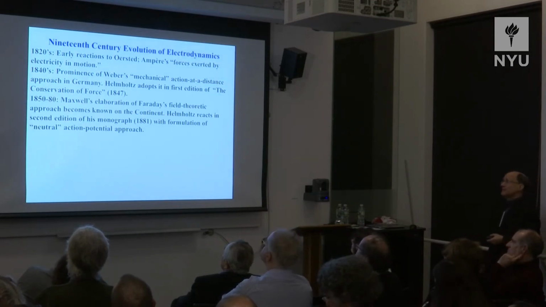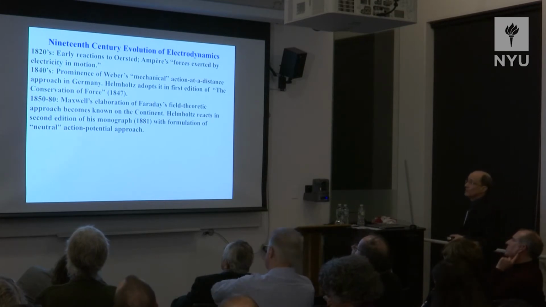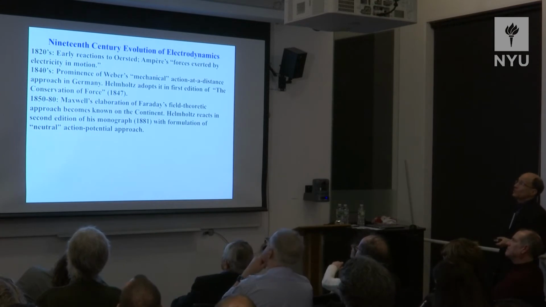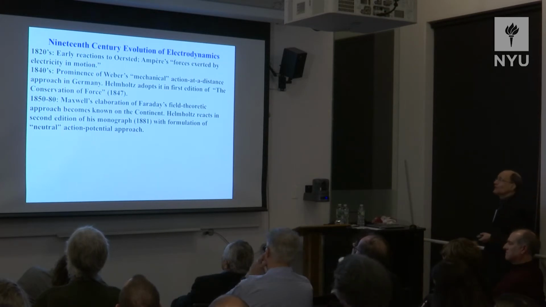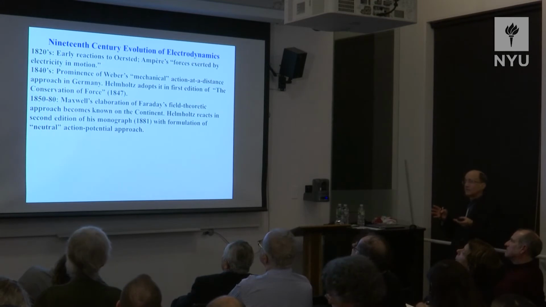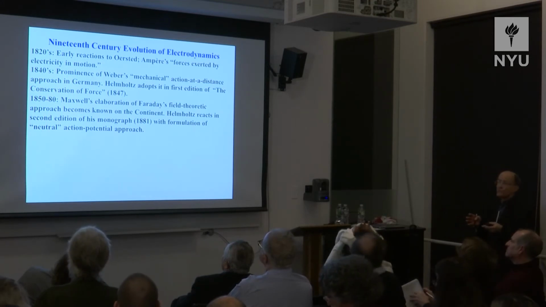Between 1850 and 1880, Maxwell's elaboration of Faraday's field theoretic approach was developed, and it also began to become known on the continent. Helmholtz reacts in the second edition of his monograph, 1881, with new formulations. It's not that he adopts Maxwell. What he tries to do is be neutral.